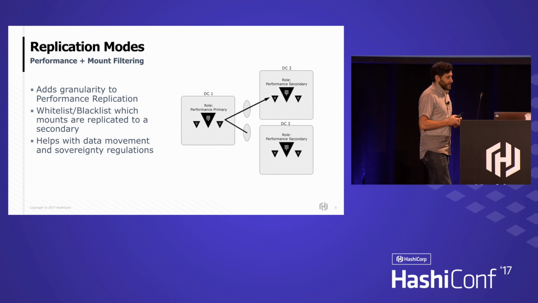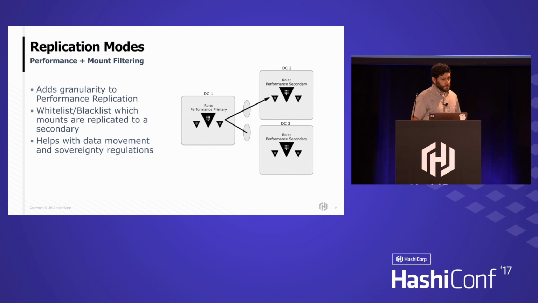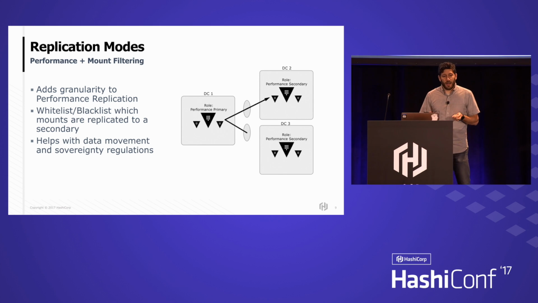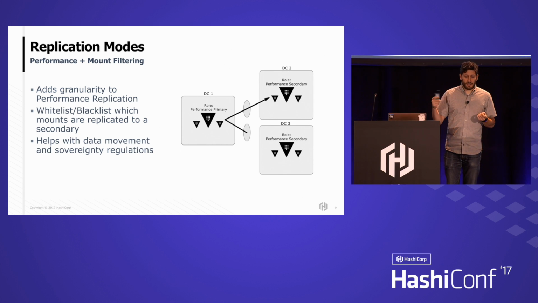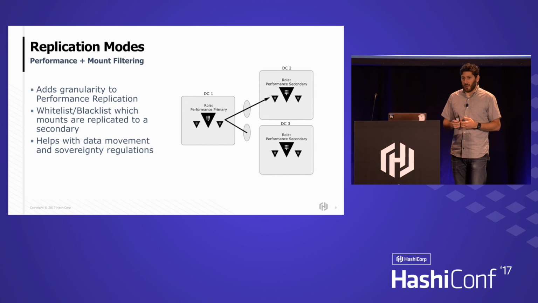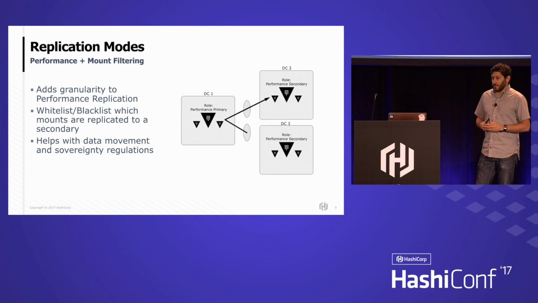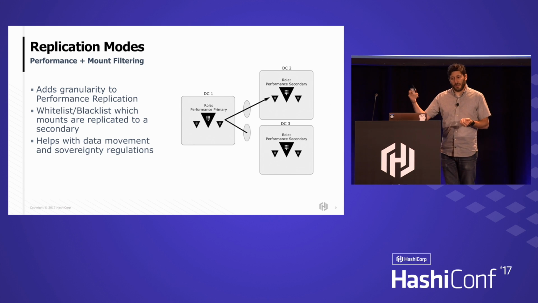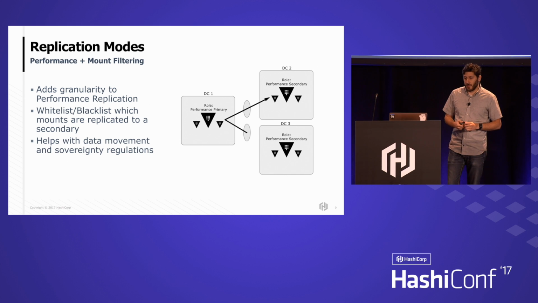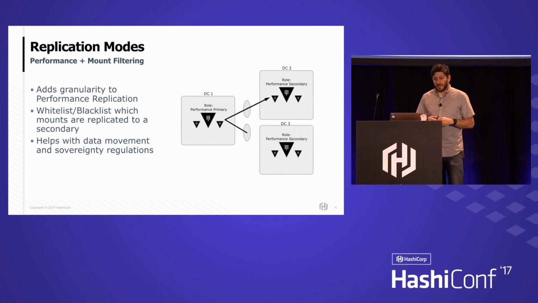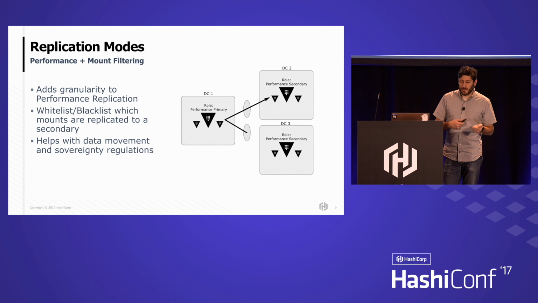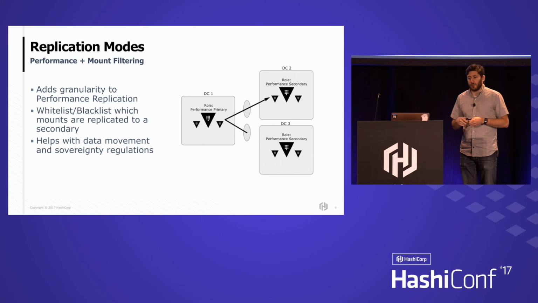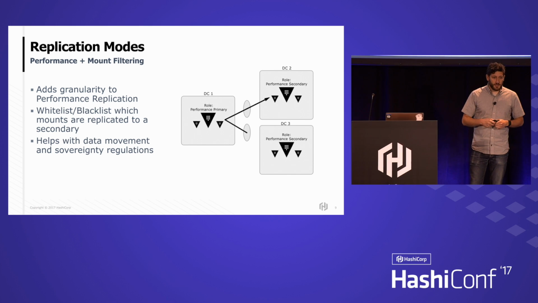For example, you can set up a mount filtering rule and not allow your transit encryption keys to be replicated down to data center 3. You would do this if you weren't expecting to use transit in data center 3, but you are in data center 2, for example. This feature works with whitelists and blacklists, and helps you to comply with data movement and sovereignty regulations.